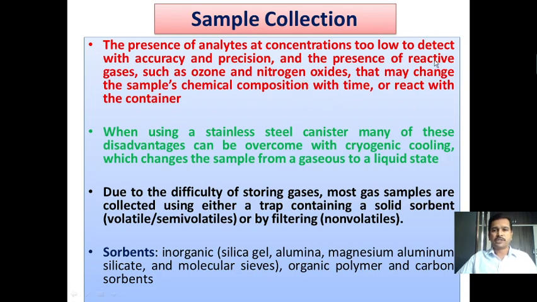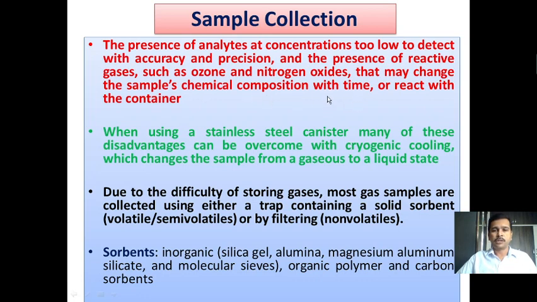If the analytes are present in very low quantities and we intend to determine them with utmost accuracy and precision, the presence of reactive gases such as ozone and nitrogen oxides in the atmosphere may also combine with the sample you have collected. As a result, a change in the sample's chemical composition will be possible.